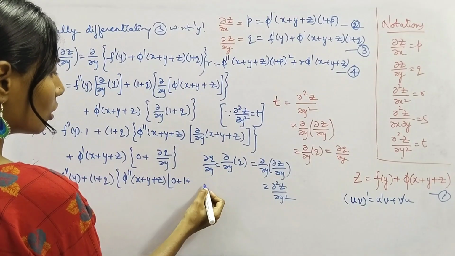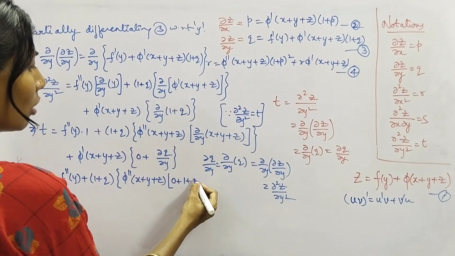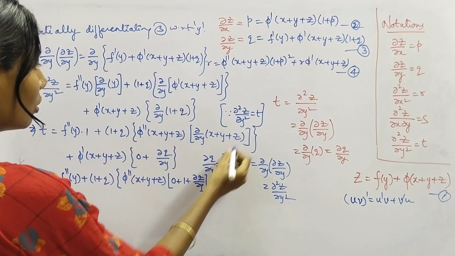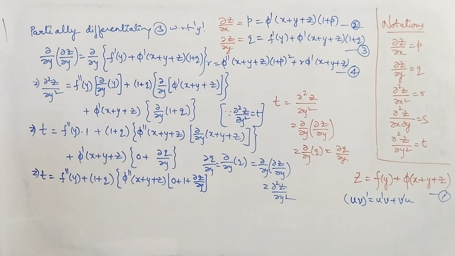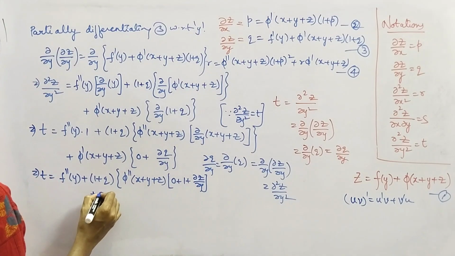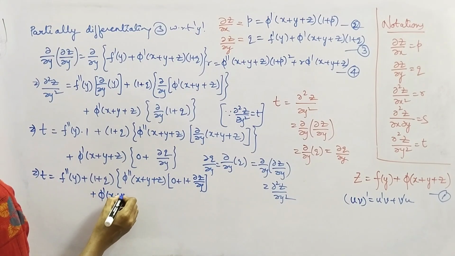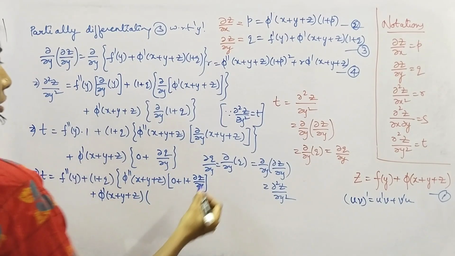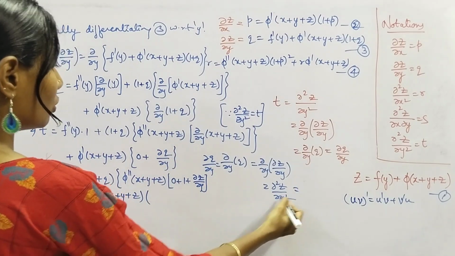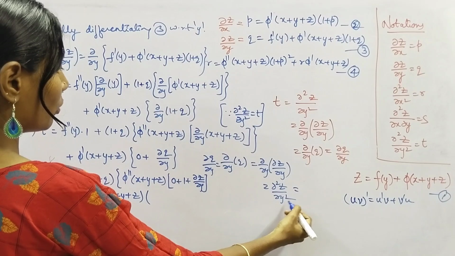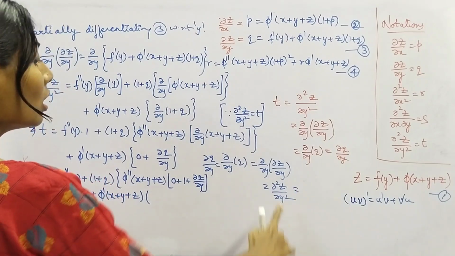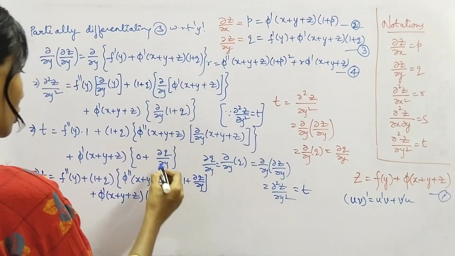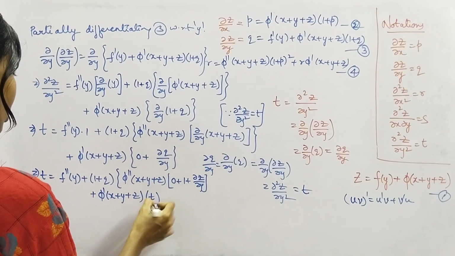You can write just q here directly, or you can write what you have, ∂z/∂y. Plus φ'(x+y+z) into ∂q/∂y, which is nothing but ∂²z/∂y², which is t. You can just replace this by t here.